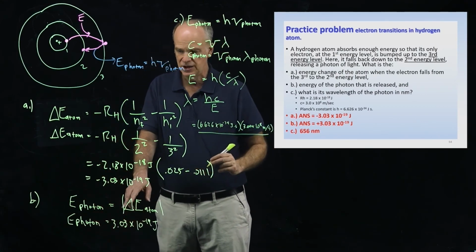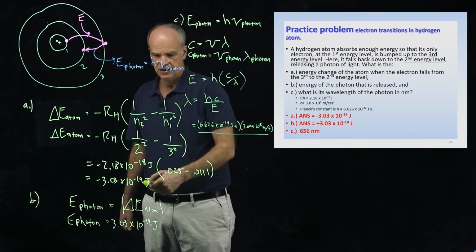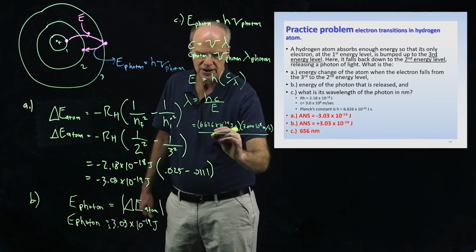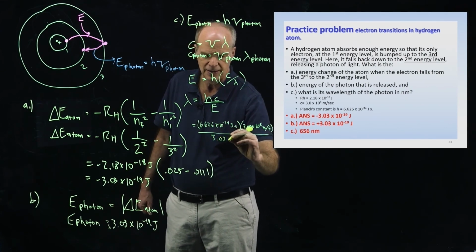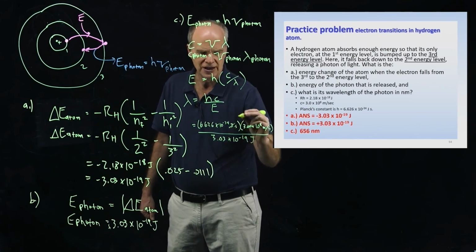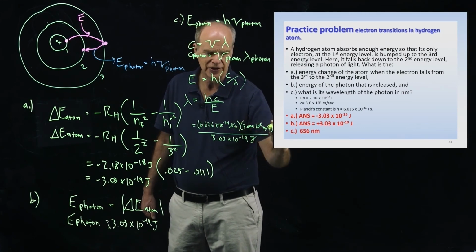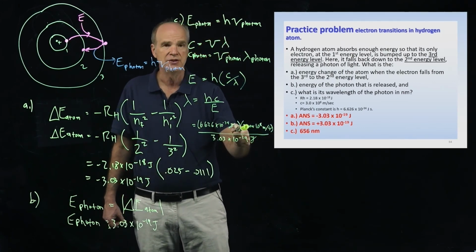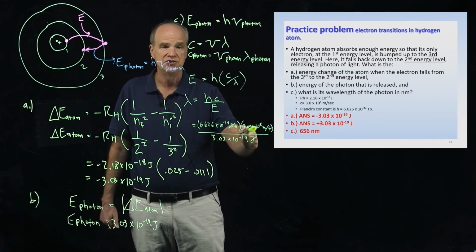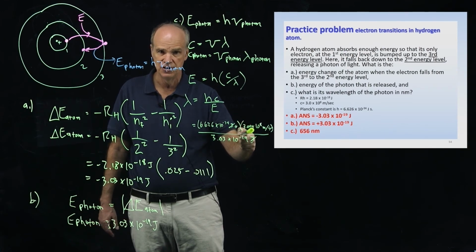And so the energy we get for the photon is going to be this positive value here, which is 3.03 times 10 to the negative 19 joules. And so the joules cancels out, the seconds cancels out, and so we get a wavelength in meters. And so what you'll have to do to finish off the problem is take that value and convert the value you get in meters into nanometers.